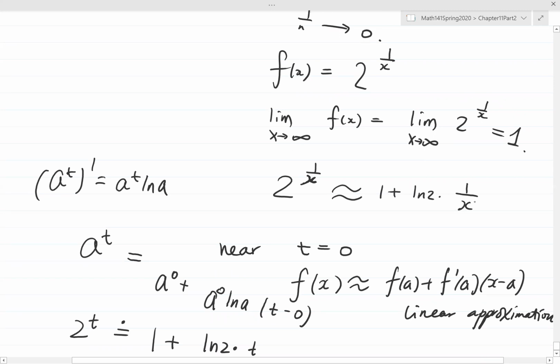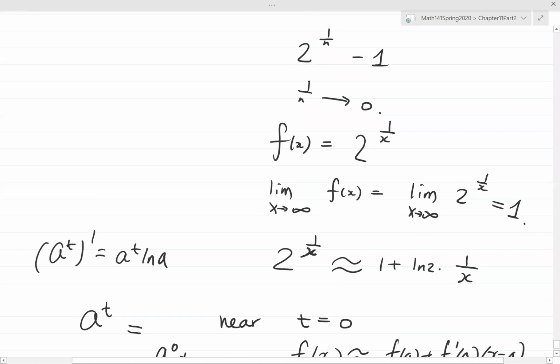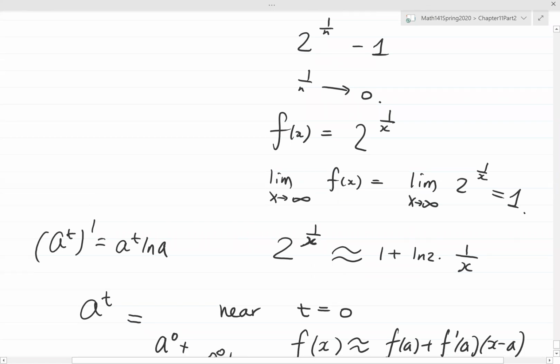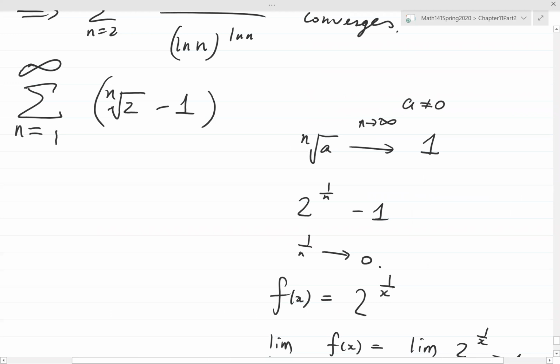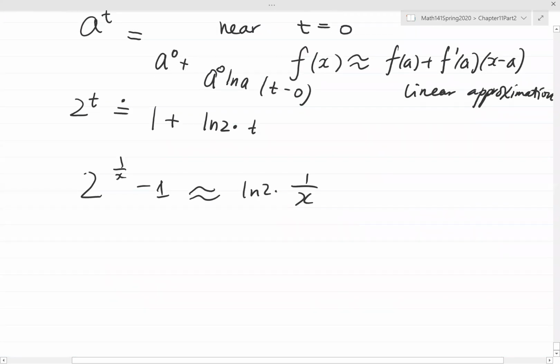Now if you subtract 1, what you get is that 2 to the power 1 over x minus 1 is around ln 2 times 1 over x. Of course, it can be made more precise by the mean value theorem.